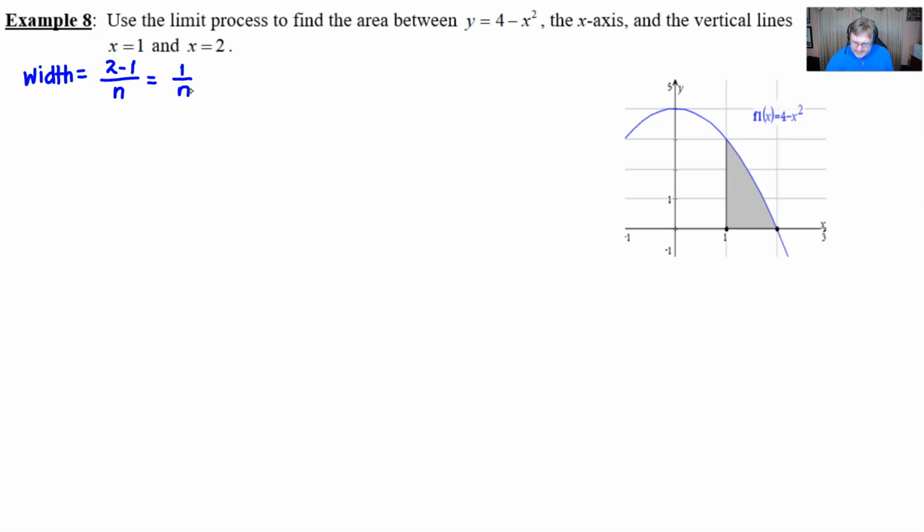Now, what sometimes is the tricky part for students is finding the length, or we say the height, of each of these particular rectangles. We have adopted the fact that we use the function, and this y is every bit the same as f of x in this particular case. And we have to start at the a value.